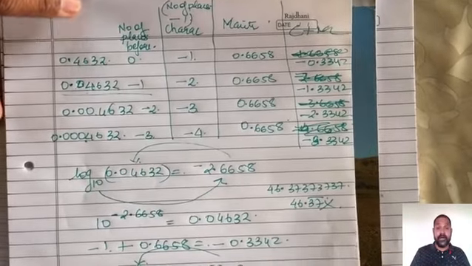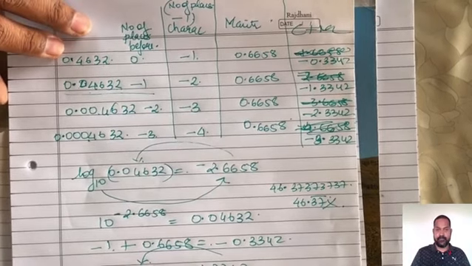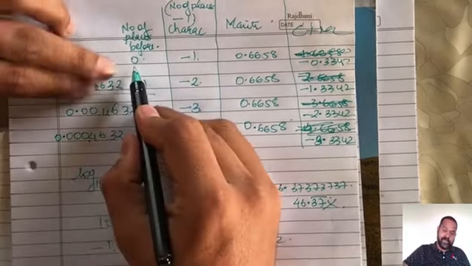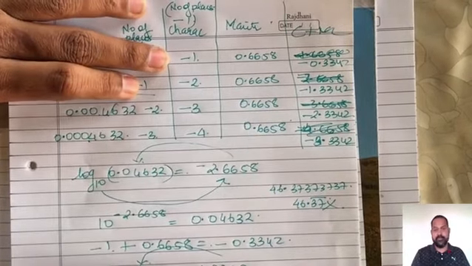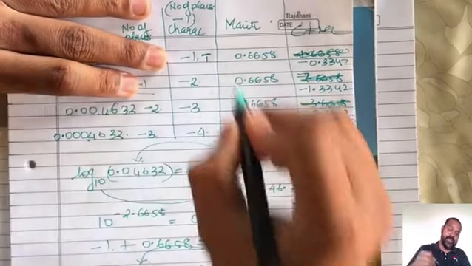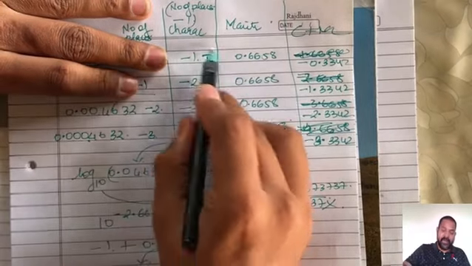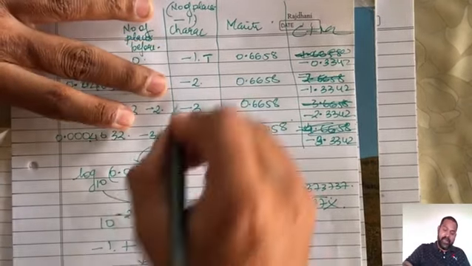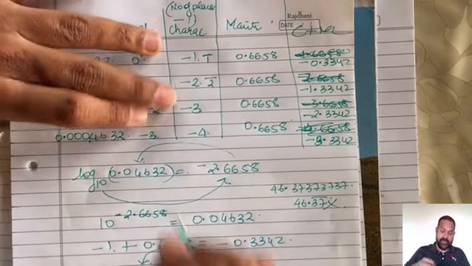Here I'm going to introduce a slightly different bar concept. And the concept is, number of places before the decimal is 0, right? Then characteristic should be minus 1? No. We don't write the characteristic to be minus 1. We write the characteristic to be bar 1. What does that represent? That represents that the 1 is negative. Minus 2 will be written as bar 2, represents that 2 is negative.